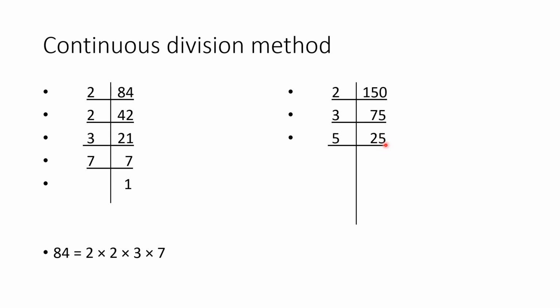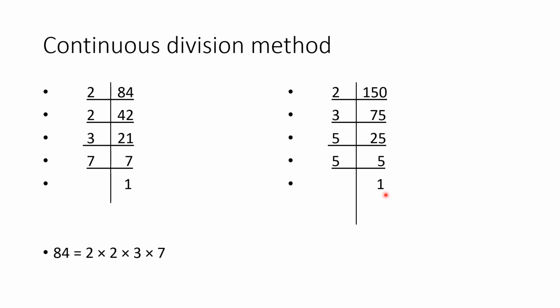So 25 comes here. Now this 25 is not divisible by 3. That's why we will write the next prime number, which is 5, and it is divisible by 5 because at ones place there is 5. So here 5 5s are 25. We will write 5 here, and this 5 is divisible by 5. 5 is a prime number. 5 ones are 5.